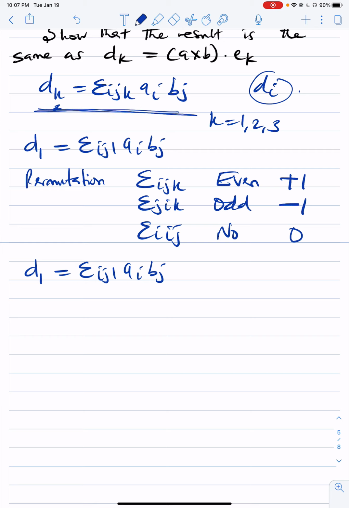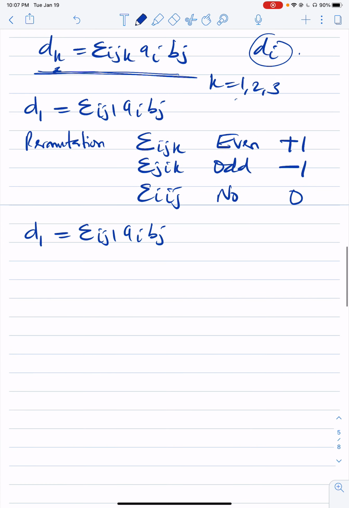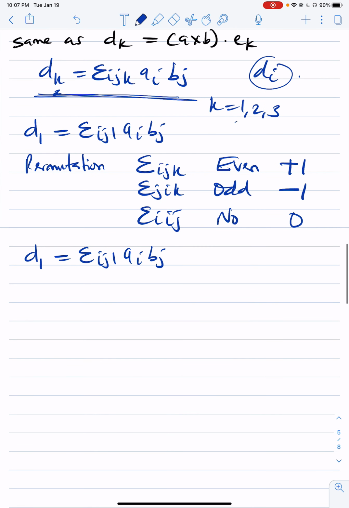So if you put k equals 1 first, looking at this very closely, eij1 aibj, with what we've written here, it will tell us what this is.